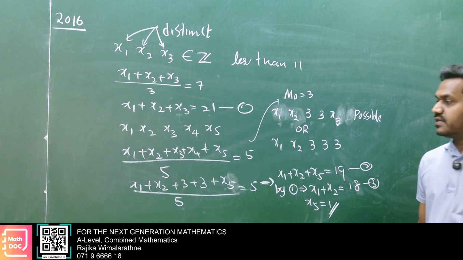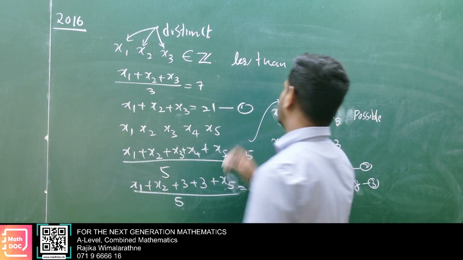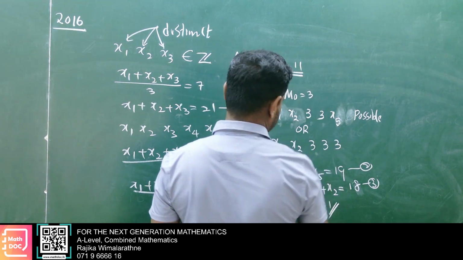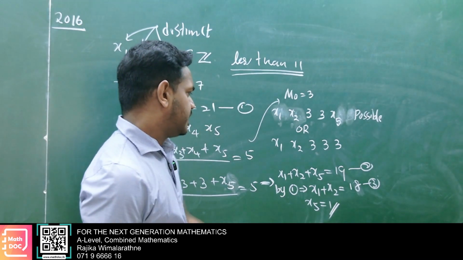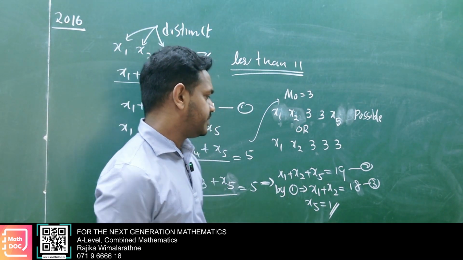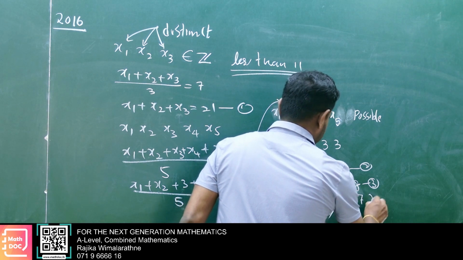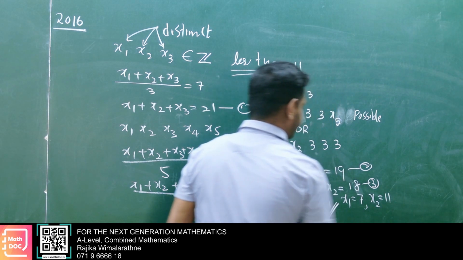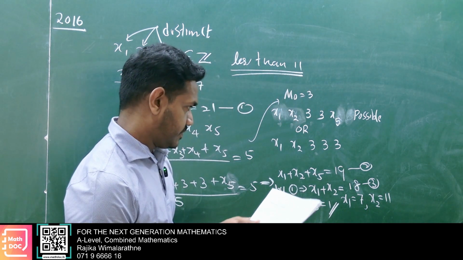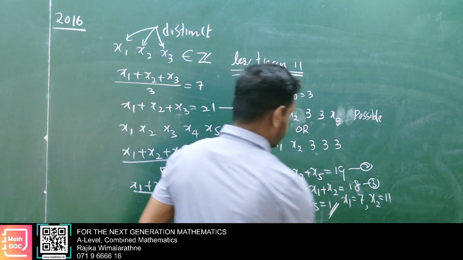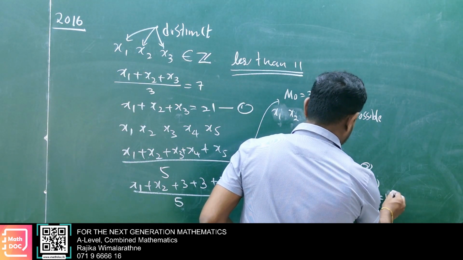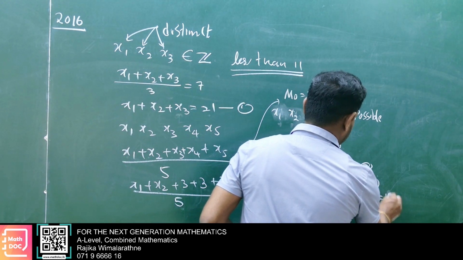Okay, then select the other two values less than 11. Here 11 and 7 is possible, then x1 7, x2 11. Now 10 and 8 is possible.